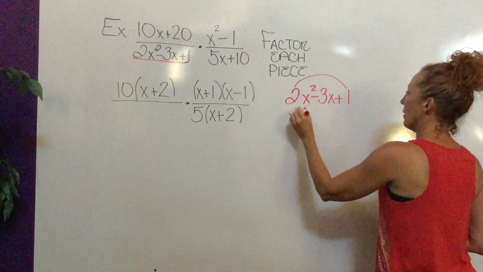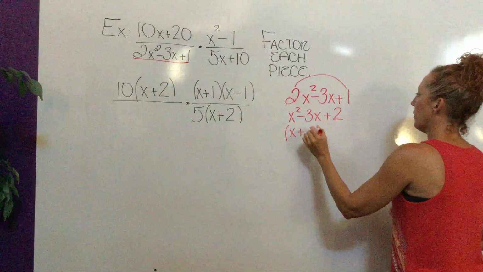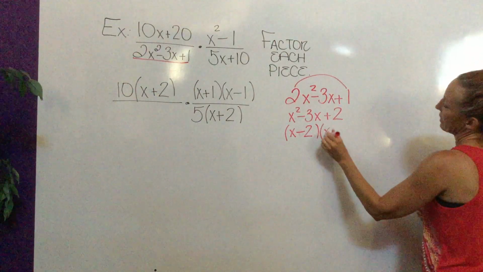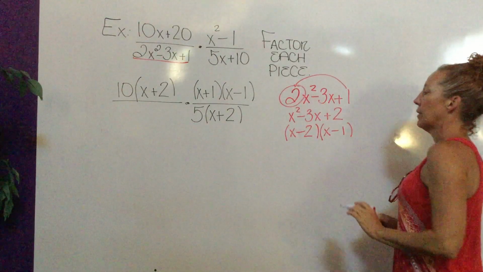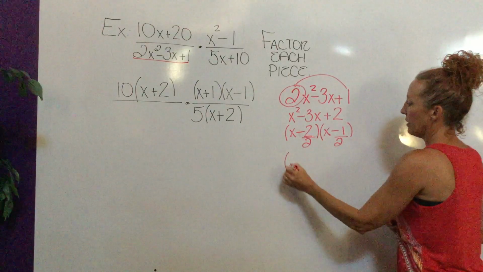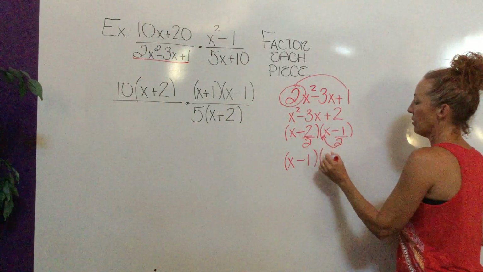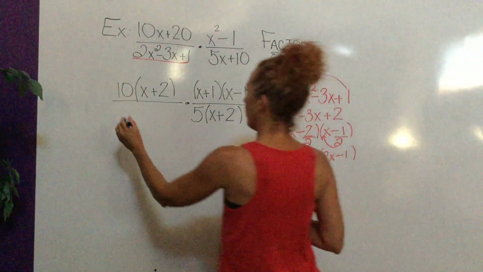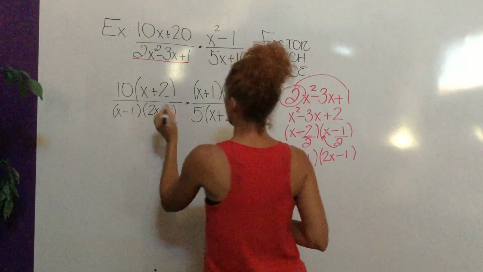We're going to multiply here. 2 numbers that multiply to 2 and add up to -3 need to be x minus 2 and x minus 1. If I multiply by that 2 in step 1, I need to divide by that 2 right there. This reduces to x minus 1, and this doesn't reduce, so that 2 slides in right there. So this one becomes x minus 1 and 2x minus 1.